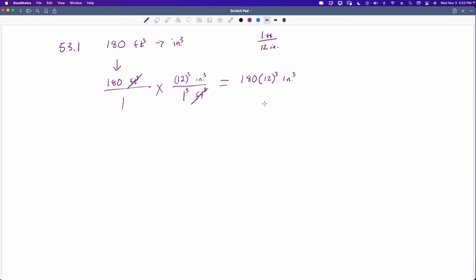Is that the same thing though? Let's see. So if we did it the other way, we would have 180 feet over 1, right? Times 12 inches over 1 foot times 12 inches over 1 foot times 12 inches over 1 foot.